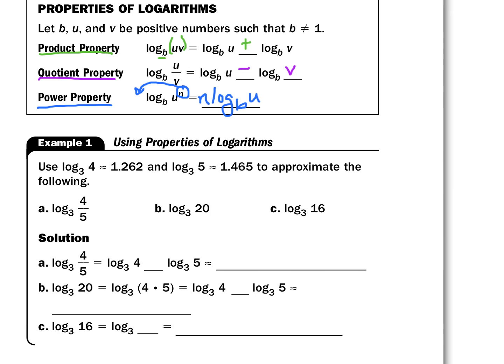Okay, so for example 1, using the properties of logarithms, we have a couple of approximations here. So log base 3 of 4 is approximately 1.262, and log base 3 of 5 is approximately 1.465. So we're going to use that in order to approximate each of the following.